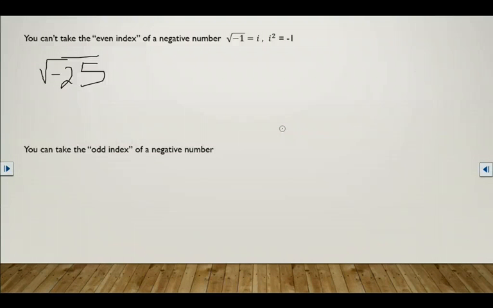What does that tell you about the x-intercepts? Well, if you get the square root of a positive number, that means there's how many x-intercepts? 2. If you get the square root of 0, what does that mean? There's 1. What if you get the square root of a negative? There's none. So you need to write that down.